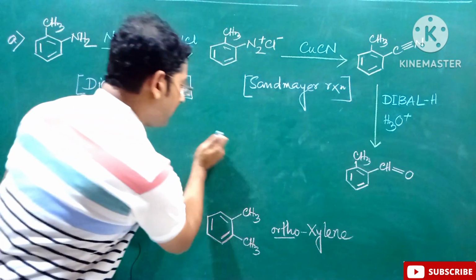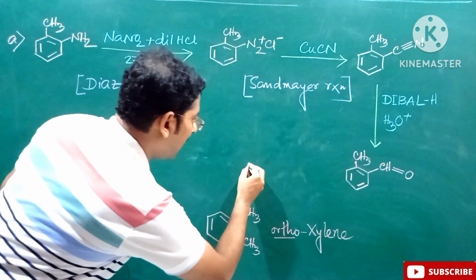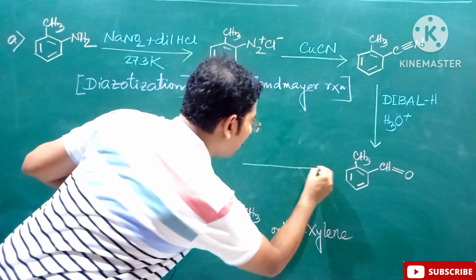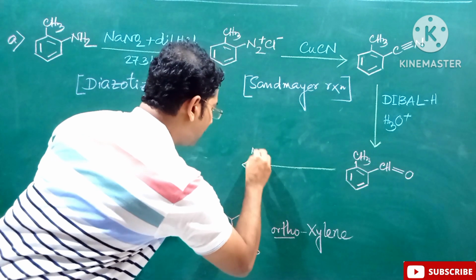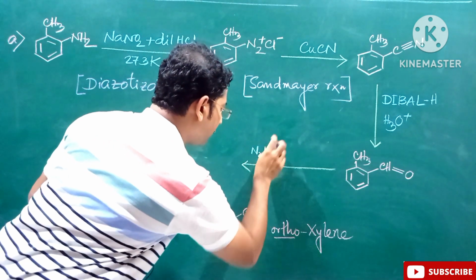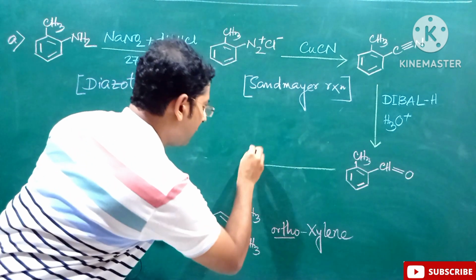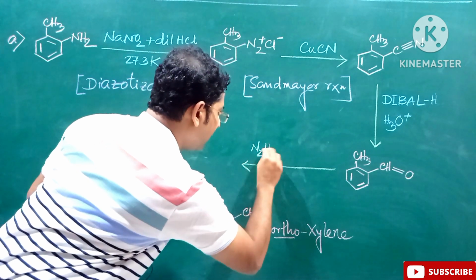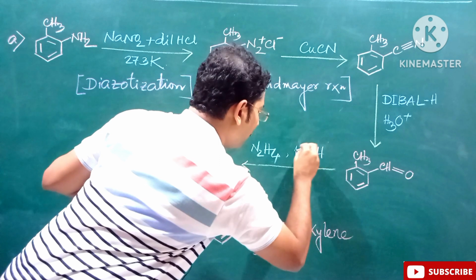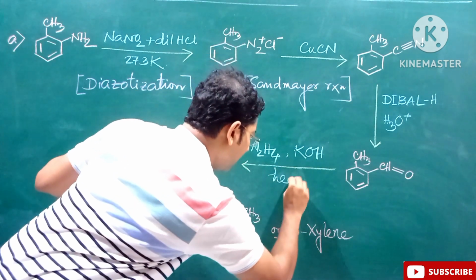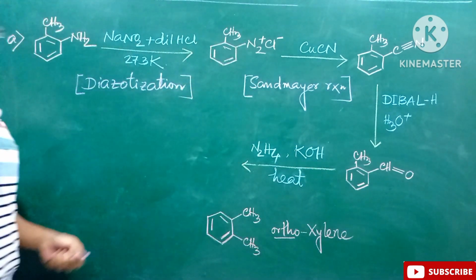And in the last step, this reagent has been given. The reagent is N2H4. The name of the molecule is hydrazine, with potassium hydroxide, and heat will be given, right?